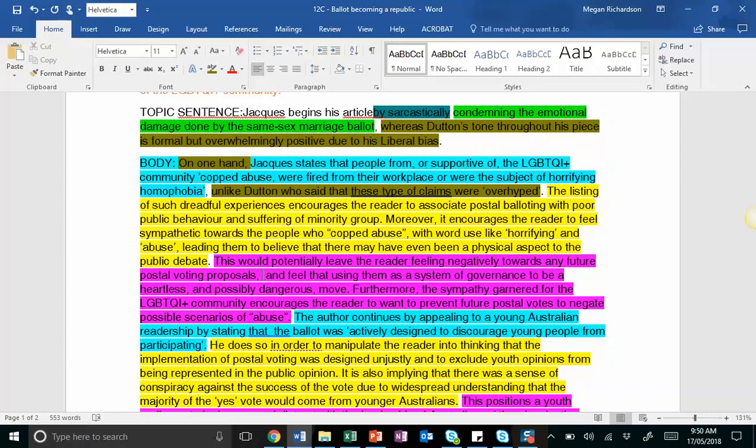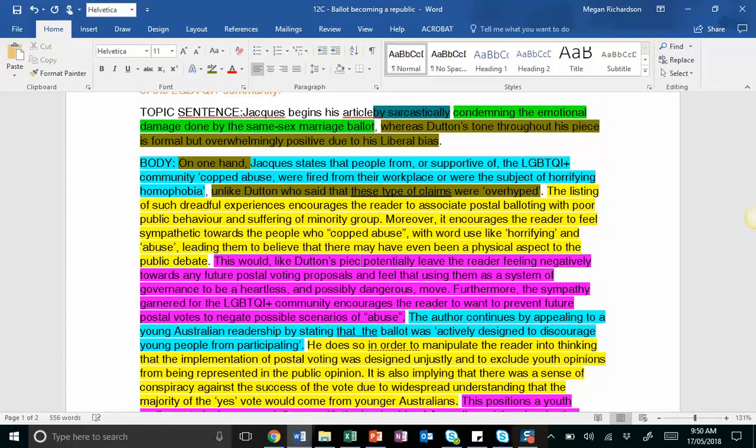Obviously, Dutton wants us to feel negative about future postal votes too, doesn't he? Because he doesn't want any more postal votes. So we could say this would, like Dutton's piece, potentially leave the reader feeling negative towards any future postal votes.